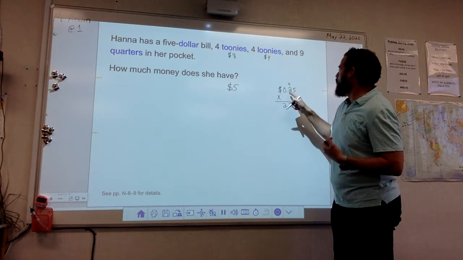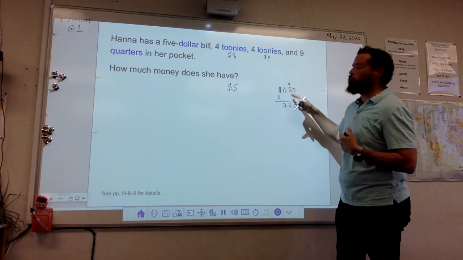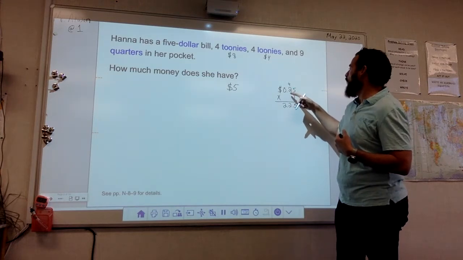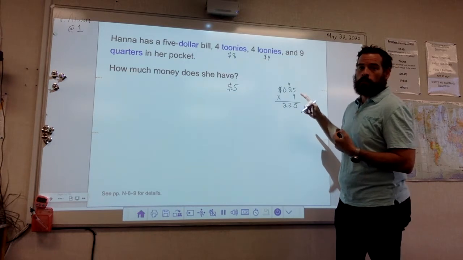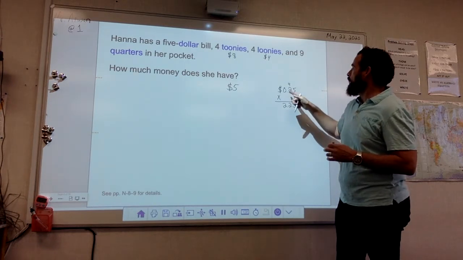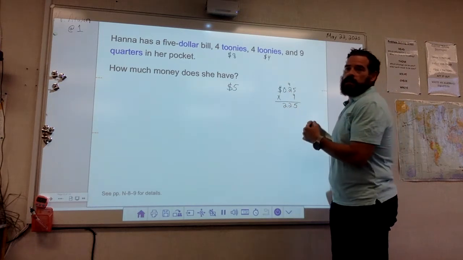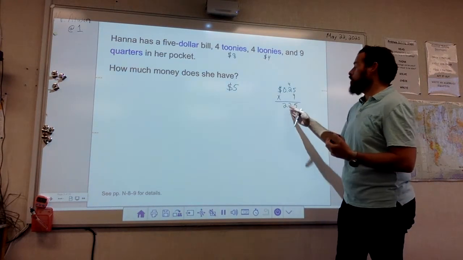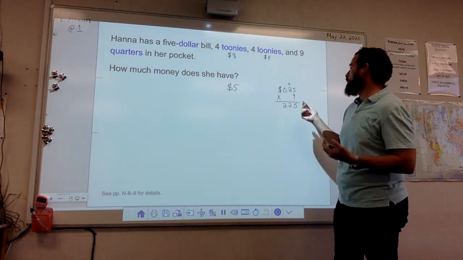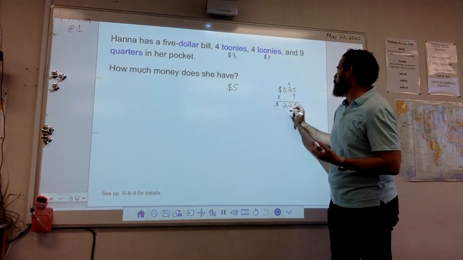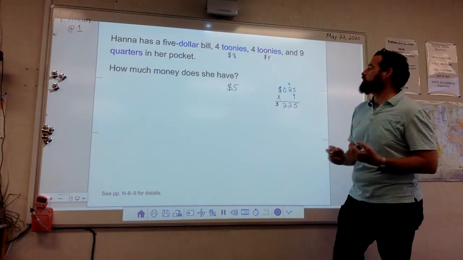So what I need to look at is both of my factors here, and I notice that only one of them has a decimal point. And so I look at that, and I see, okay, one of them has a decimal point, and there are 2 digits to the right of it. So that means in my product, in my answer, there also needs to be 2 digits to the right of the decimal point. So I'll put my dollar sign, and then there's my decimal point, so $2.25.